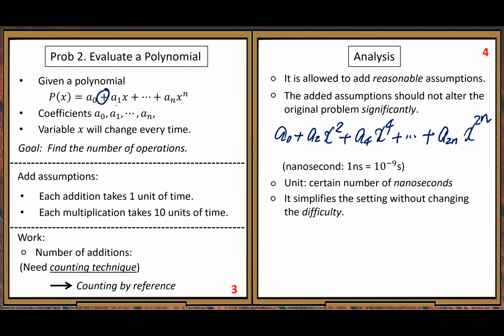Can we associate the first plus sign to the subscript 1? Can we associate the second plus sign to a2x squared, the subscript a2, and so on? So each plus sign we associate with some subscript. That kind of association is a one-to-one correspondence.